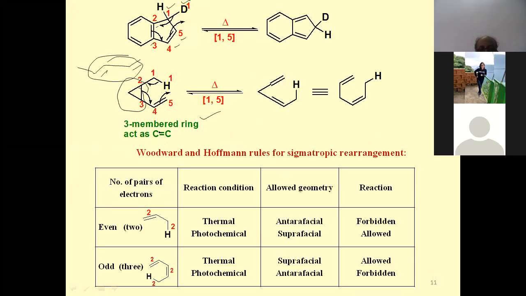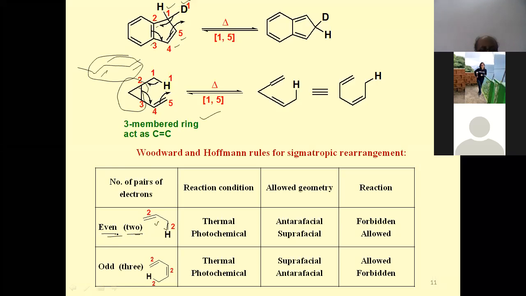Now here, what we find, if we have a sigmatropic shift of this nature, that is 2 pi bond here, and this sigma bond is going to break, so another 2, so 2 and 2. So what does the system become? It becomes an even system.